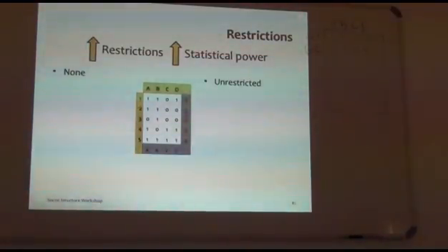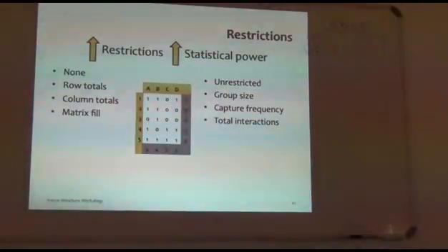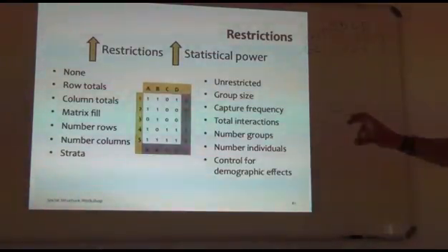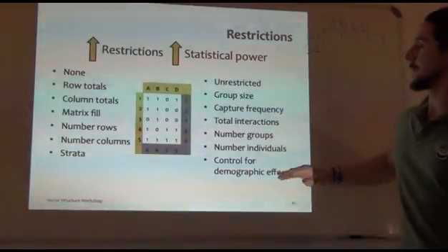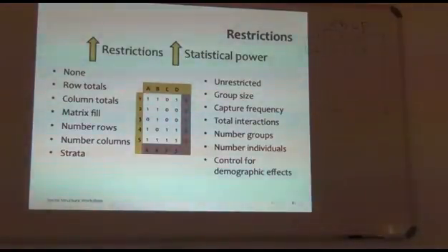So the types of restriction we can have are group size, the sum of the rows, capture frequency, so the column totals, the matrix fill, the number of observations or interactions you have, the number of individuals and the number of groups, and stratifying them like we did with the sampling periods to control for demographic effects.